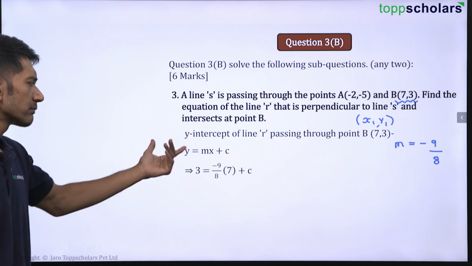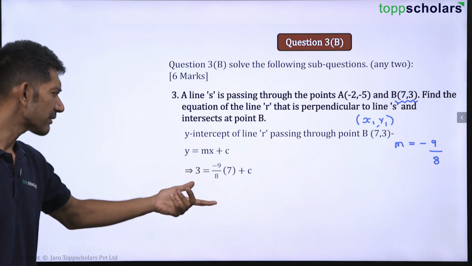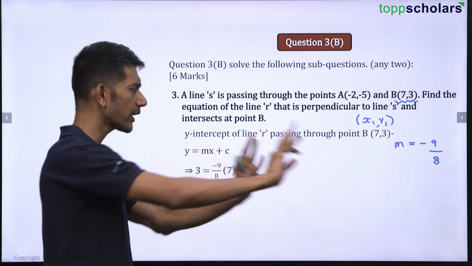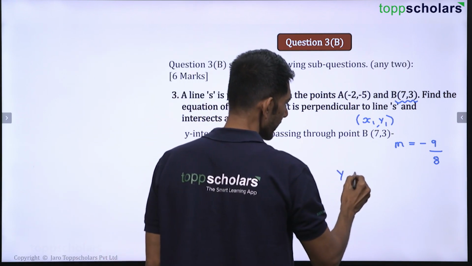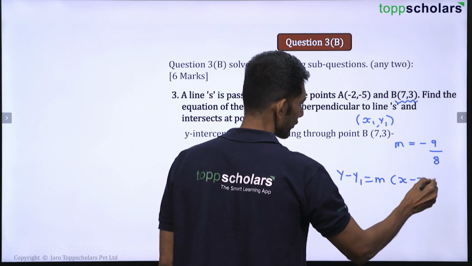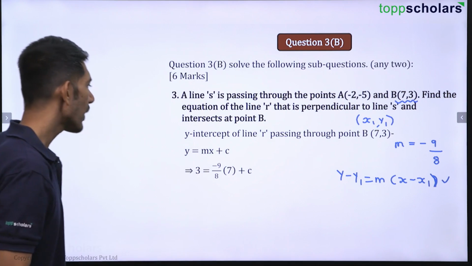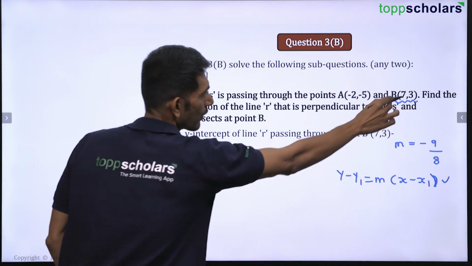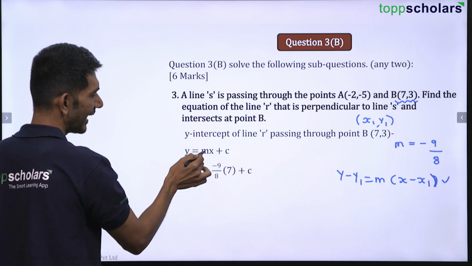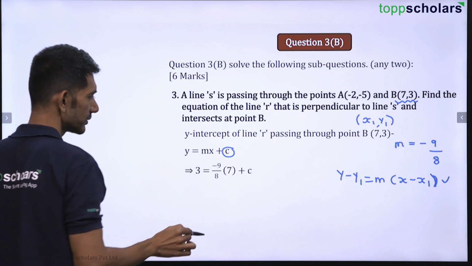Or you can take it by slope point form, you can also take it by slope intercept form. They have taken slope intercept form, doesn't matter. If you want to take slope point form, you take y minus y1 is equal to m in the bracket x minus x1. You will get the same answer. If you want to take y is equal to mx plus c, take y as 3, take x as 7, and then take m as minus 9 by 8 and find out c first.